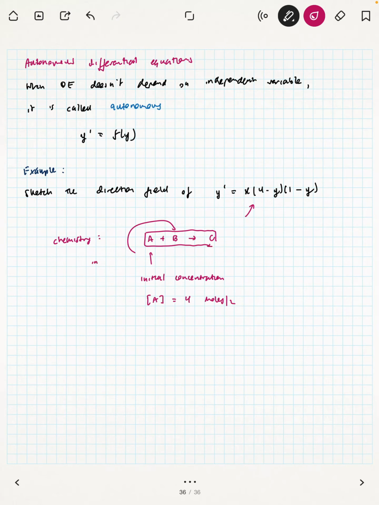Now these arrows that I'm drawing here indicate the initial concentration of the substances that we're talking about being 1 mole per liter. And then y represents the concentration of C.